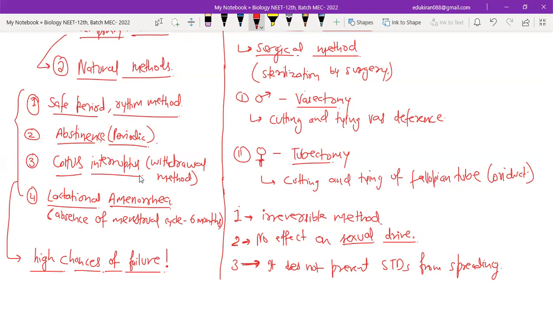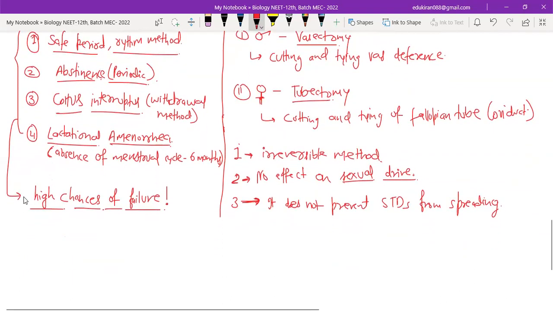Lactational amenorrhea, it's not like 6 months counted after the parturition. It depends. So all these methods have high chance of failure is the first point. And what do you think? Can natural methods prevent STD? Can they prevent sexually transmitted diseases?